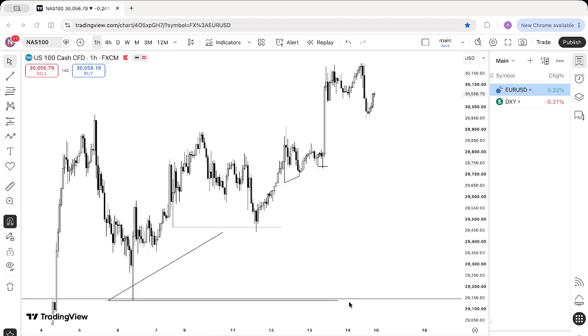Where in this price leg down do we actually get a discount retracement? Okay, not here. We get one here. And then we don't get one here. Why is that? It's because we're trending.